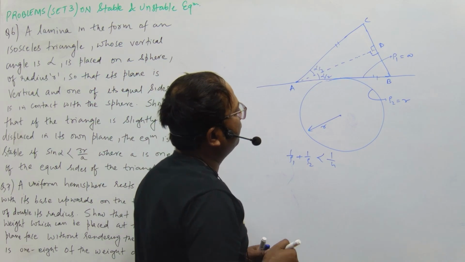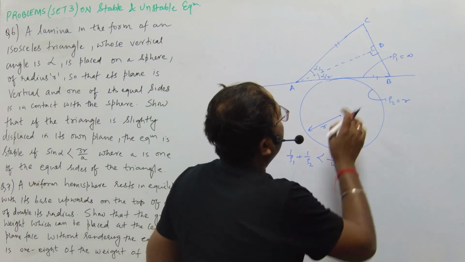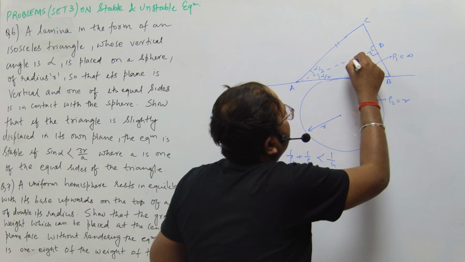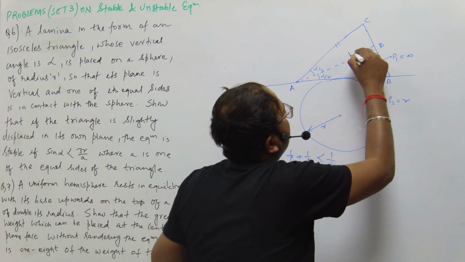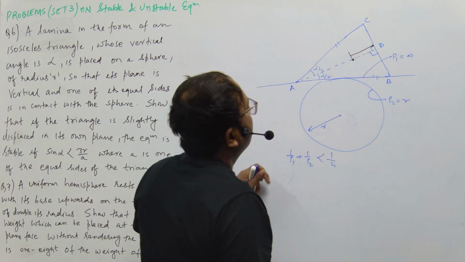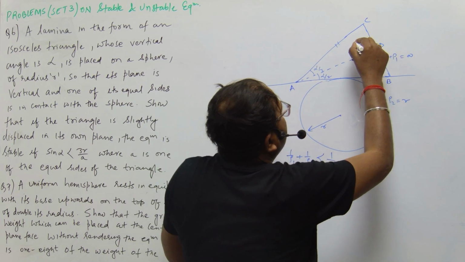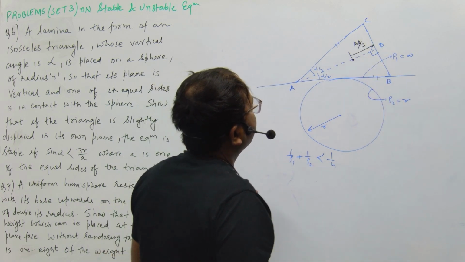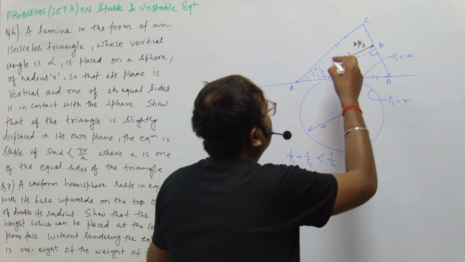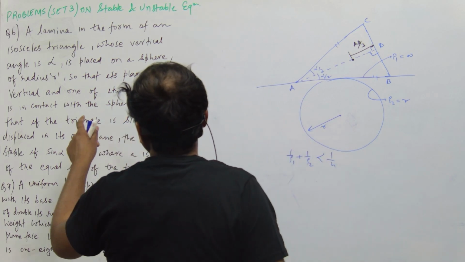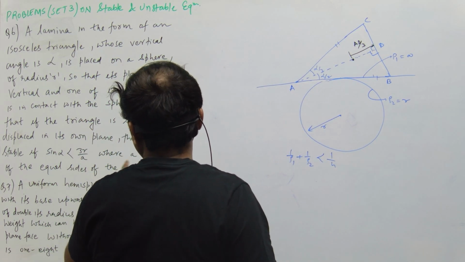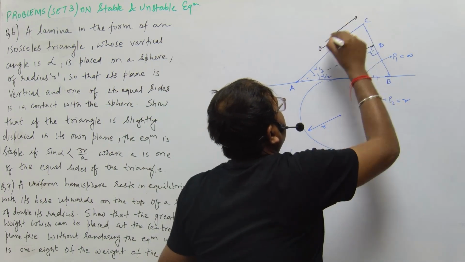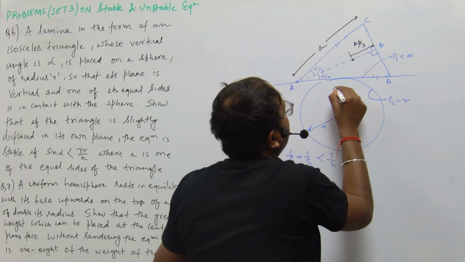The center of gravity for this isosceles triangle will lie somewhere here, at a distance of AD upon 3, where a is one of the equal sides of the triangle, so this distance is a and this distance is also a.